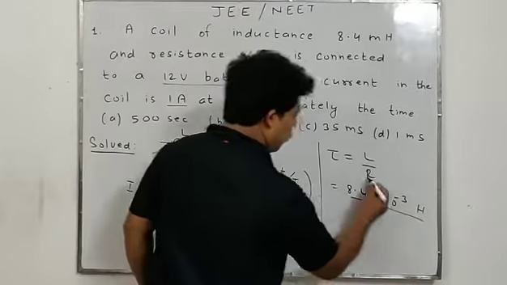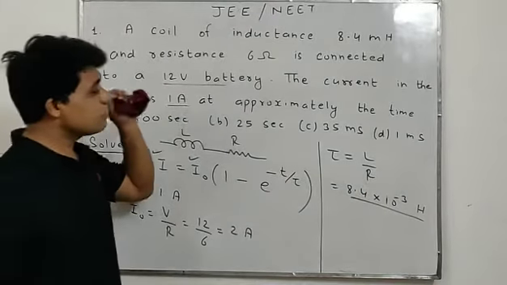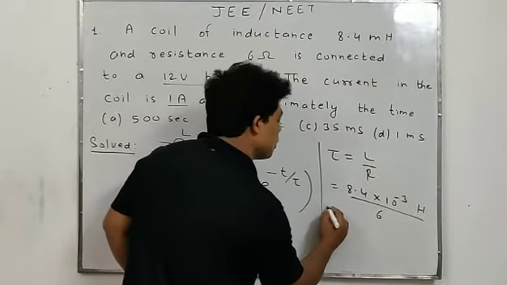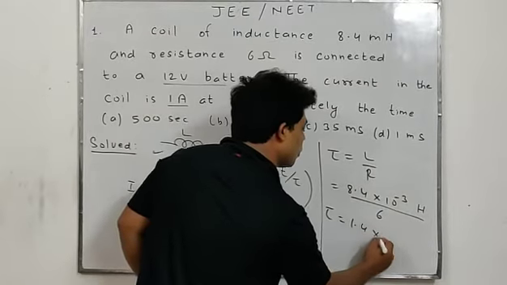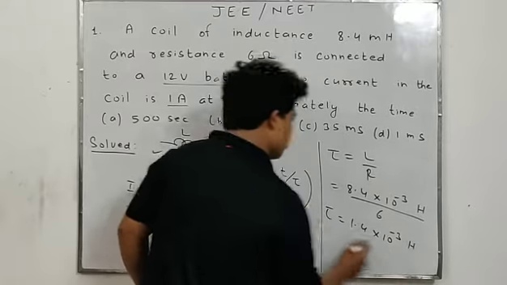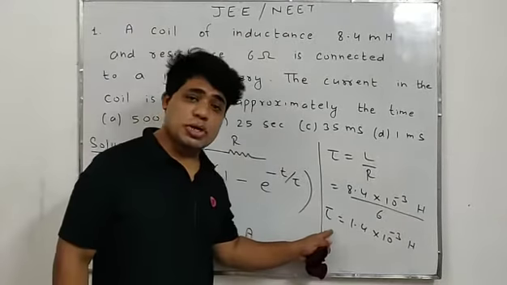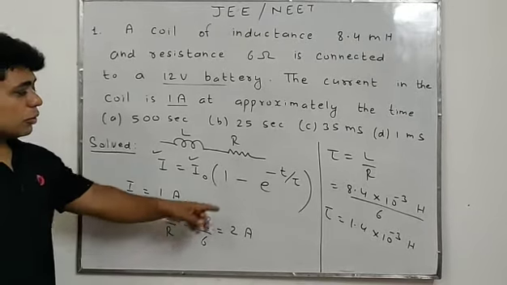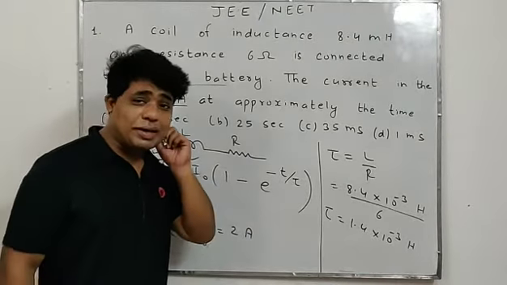Understood? And the resistance we are given as 6 ohm. So 8.4 divided by 6 gives 1.4 into 10 to the power minus 3. So this is the time constant we found. Now since we got I naught and tau, we can find the time t.